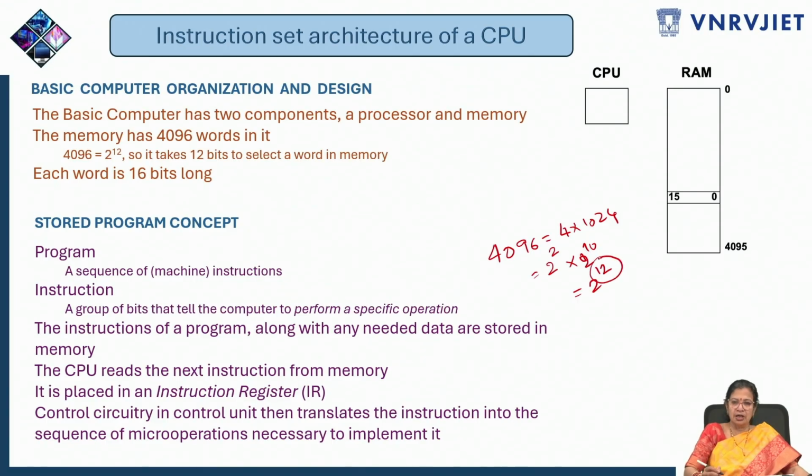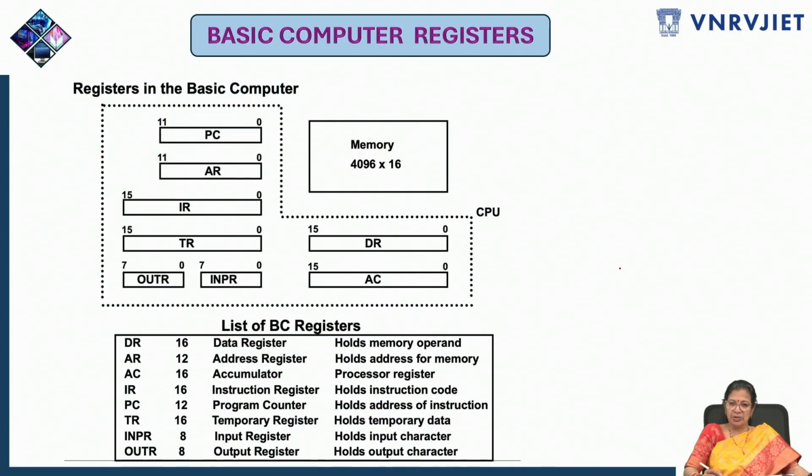So it requires 12 bits to address each and every location. Any location that I want to access, I will be using an address of 12 bits. So that is what I mean by the registers of 12 bits being meant for holding the address.